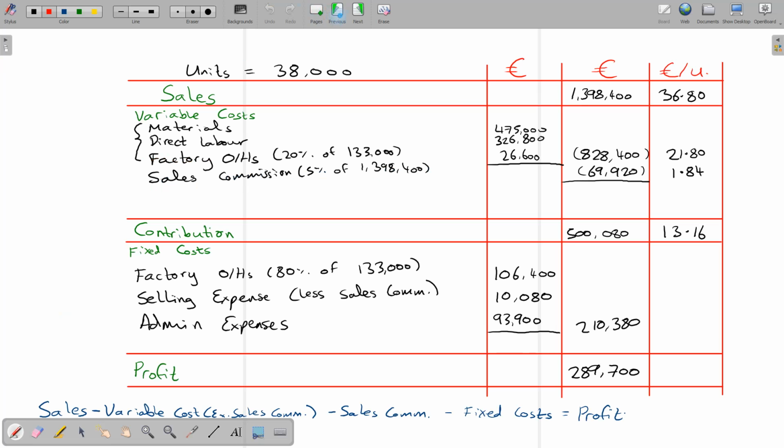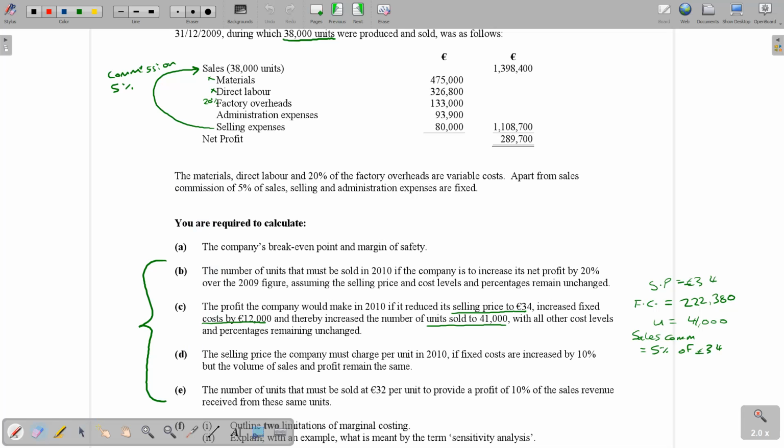And now that we know that and the formula, we can easily do part D without any kind of struggle. So we are told the selling price the company must charge per unit in 2010 if fixed costs are increased by 10%. So again, the selling price I'm just going to call S, so this is our variable.